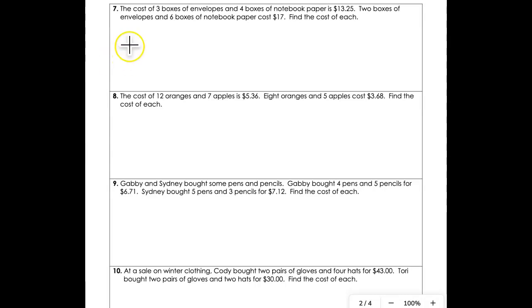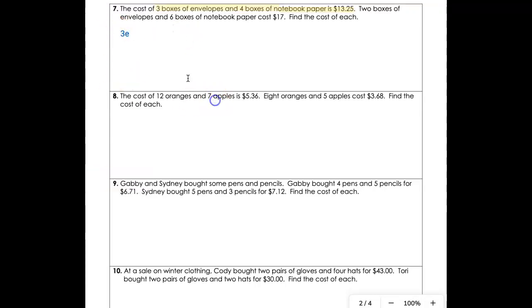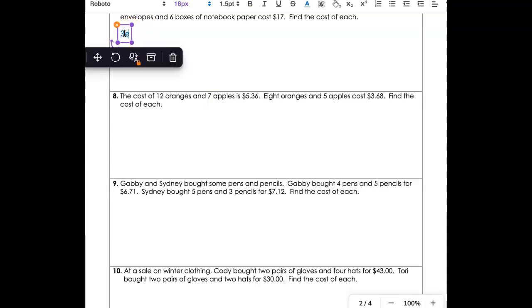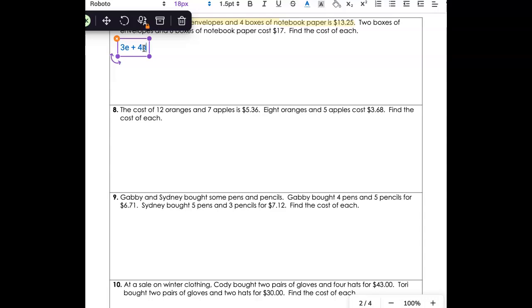So as I go across, the cost of 3 boxes of envelopes and 4 boxes of notebook paper is $13.25. I'm going to write it out just like that. So 3 boxes of envelopes, I just use E for envelopes, and 4 boxes of notebook paper, so N for notebook paper, is $13.25.